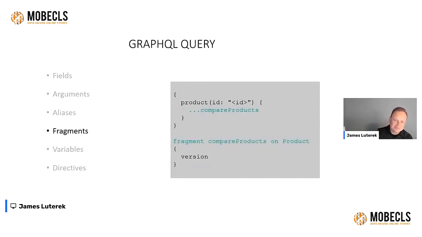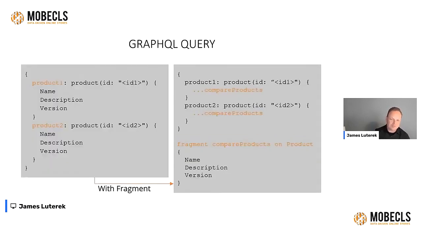Next up is fragments. Fragments allow you to be more DRY with your coding, allows you some reuse. And the idea here is if you have a list of fields that you're asking for every single time, why not list them once and reuse that list over and over again? And that's exactly what a fragment allows you to do.